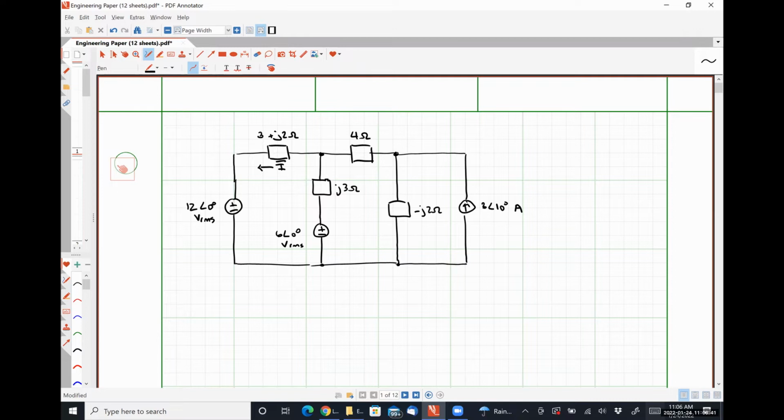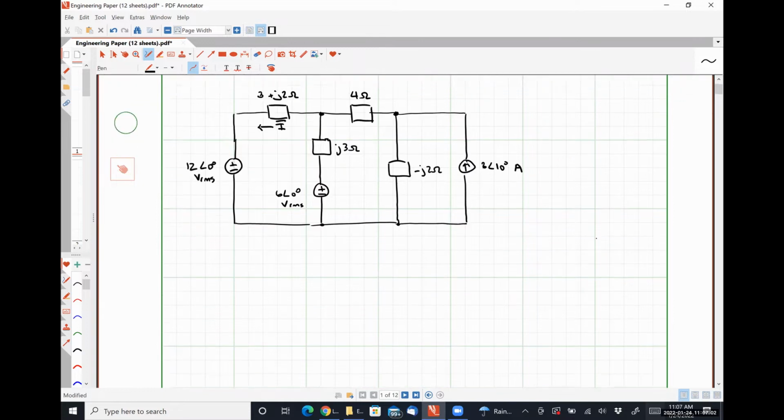And we'd only have 3 impedances. So yeah, we'd only have one really unknown quantity, the voltage present at the node connecting the 3 plus J2 ohm impedance, the J3 ohm impedance, and what is currently just the 4 ohm impedance. Yeah, that seems perfectly reasonable.